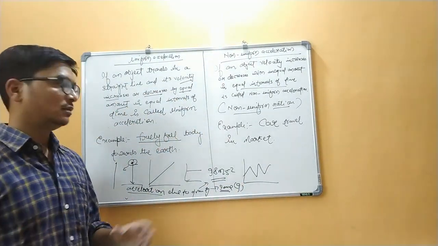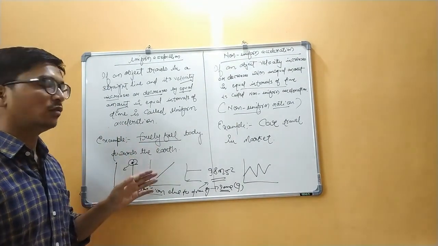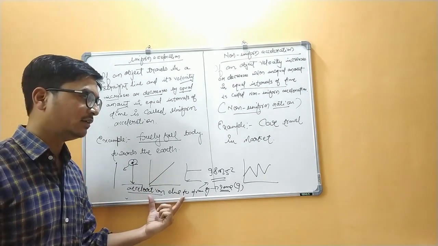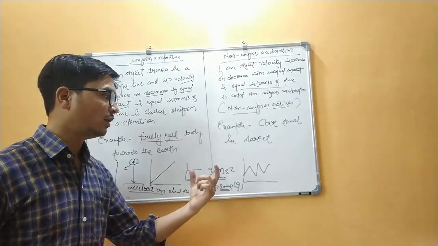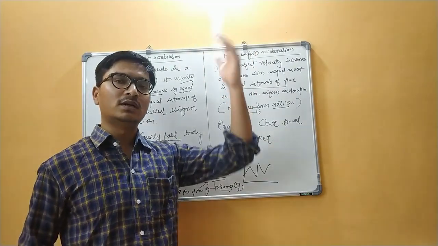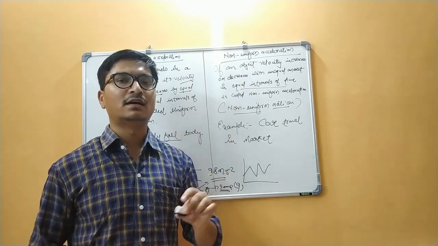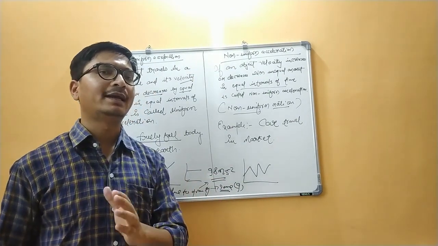Understand? So this is a very good example of uniform acceleration, the free falling of an object towards gravity, known as acceleration due to gravity. Its value is minus 9.8 meter second minus 2. Whether I am falling towards the earth or this pen cap is falling towards the earth, it has the same acceleration due to gravity, 9.8 meter second minus 2.